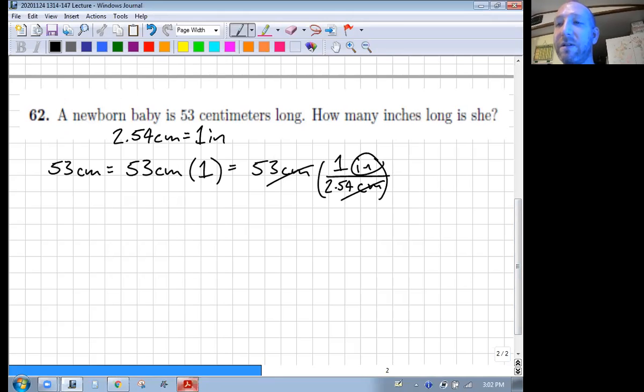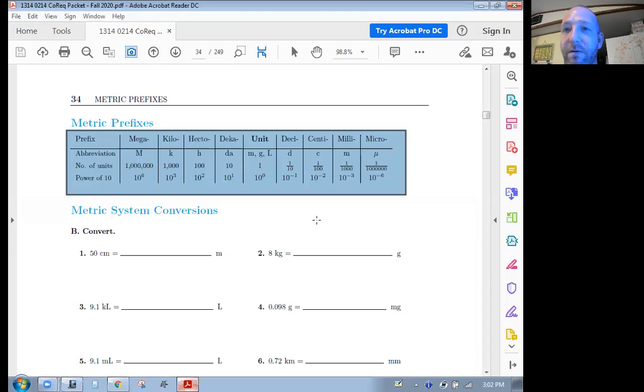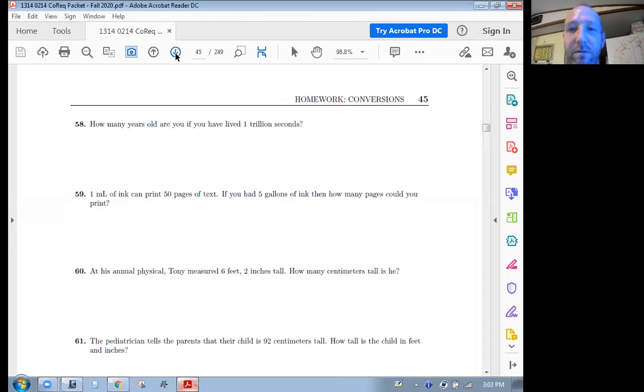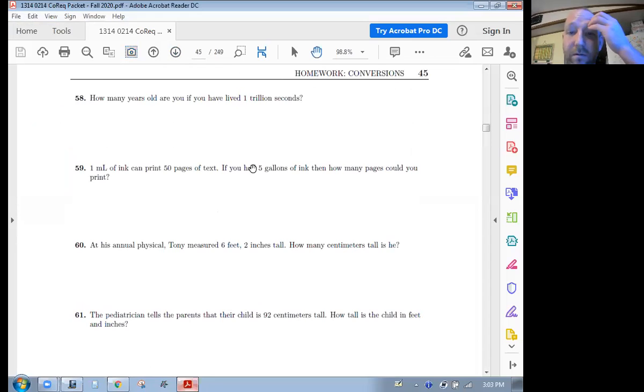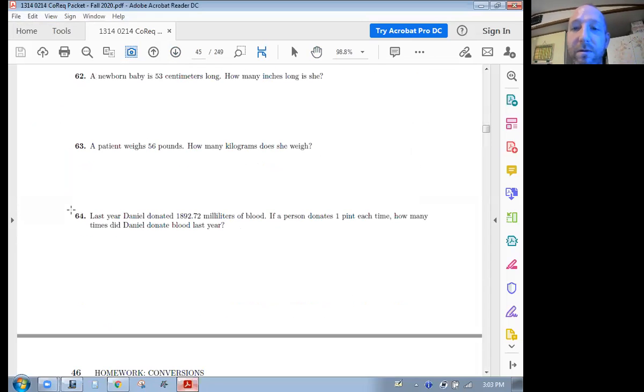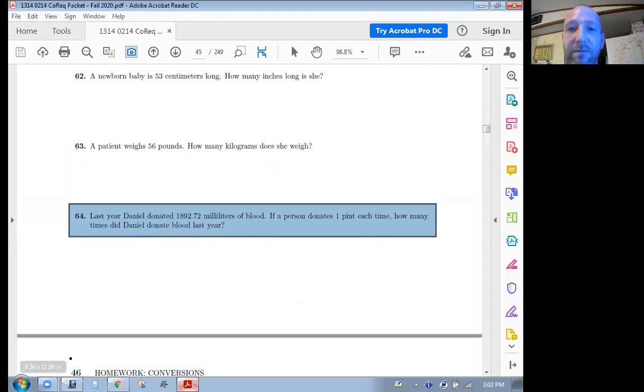We have our inches here. So now we just take 53, divide it by 2.54. We get 20.87 inches.